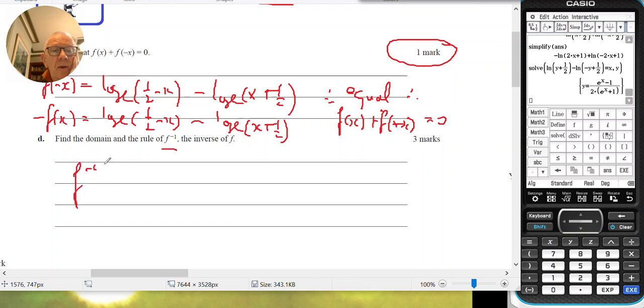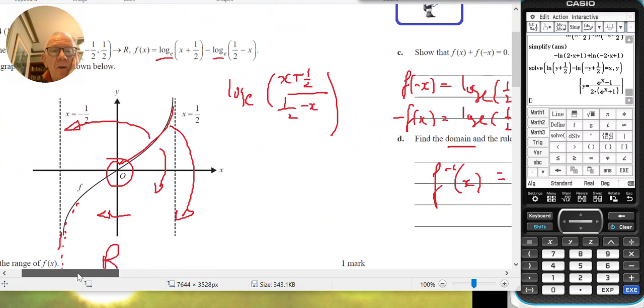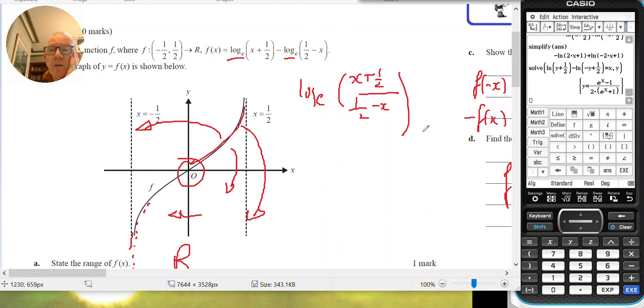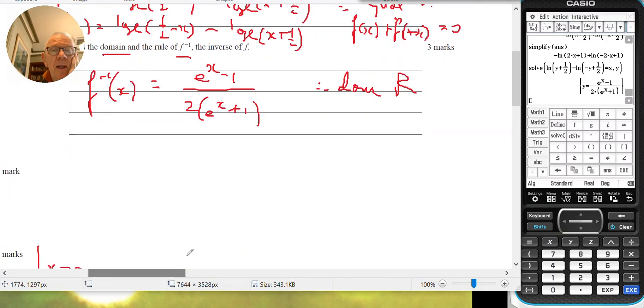So the inverse is e to the x minus 1 over 2 e to the x plus 1, and the domain will be the range, therefore the domain is all real numbers, which, by the way, is why they asked you way back in part A, what was the range of this function, to help you answer this particular question. It's worth 3 marks.